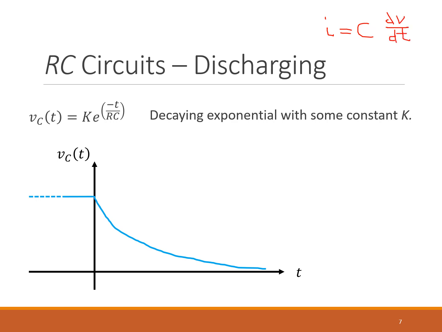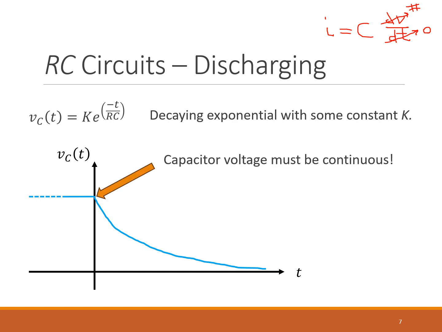The reason our capacitor voltage has to be continuous is that if we have a discontinuous voltage, that's essentially some number for our change in voltage divided by 0. If it's changing instantly, there's some change in 0 time. Something over 0 is infinite, so then we would get some infinite current. So because of that, we do need our capacitor voltage to be continuous at this point right here.